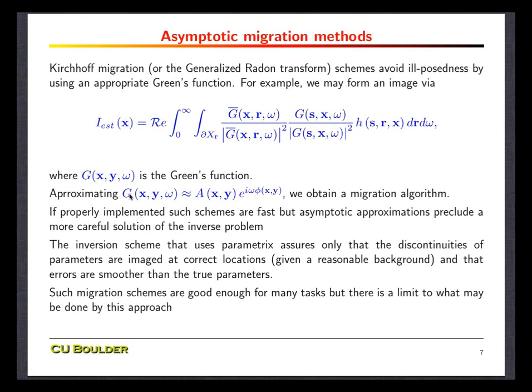However, there is a limit to what you can do with it, and the reason is that you cannot control errors in asymptotic expansions. While it will produce correct locations for places where there is a rapid change, that is interfaces, and if you choose the normalization factors correctly, it will also produce the right jumps at those locations, which is much harder with real data because calibration sometimes is not available.